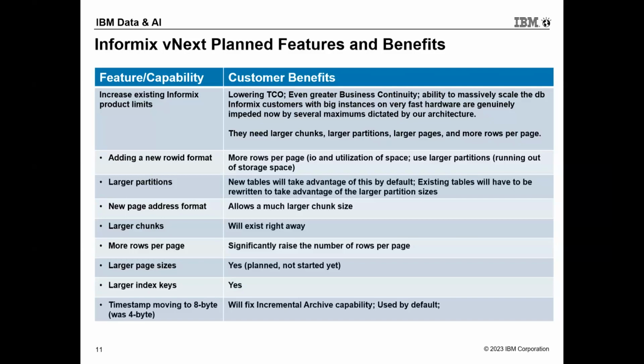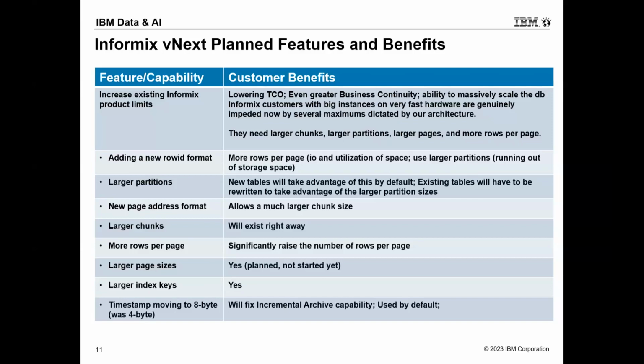And so, as I indicated a little bit ago, they need larger chunks and partitions, larger pages, and more rows to a page. So we're going to be adding a new row ID format. There'll be more rows to a page, giving us better I/O and utilization of space, using larger partitions. Running out of storage space will be the thing that we have happen much less.